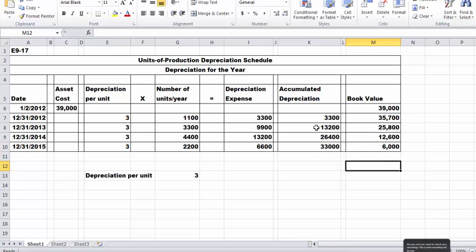And the book value of the asset should be the same as our residual value, which it is. It's $6,000.